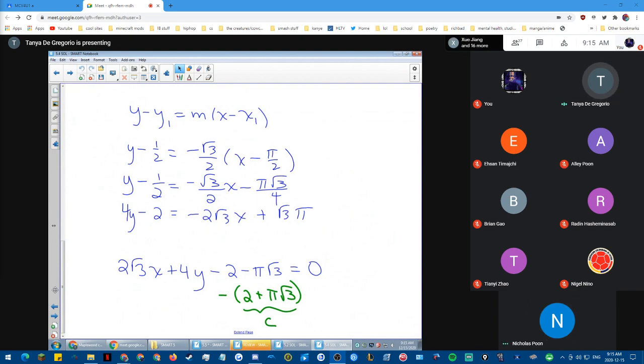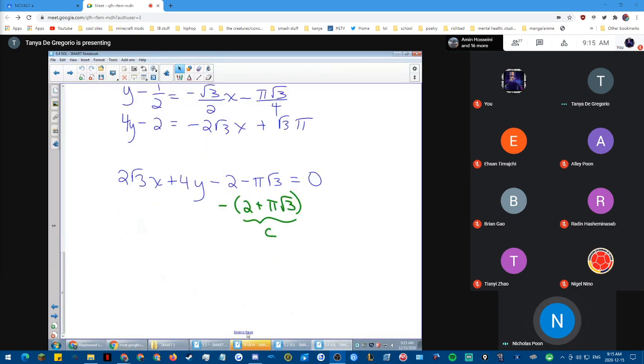Okay, what's your other question? So if we're writing a similar equation, but in y equals mx plus b form, let's say we have y equals negative x minus root 3 over 2 plus pi over 4.